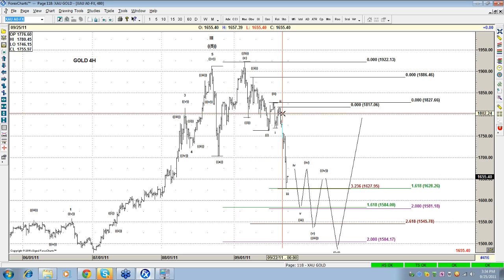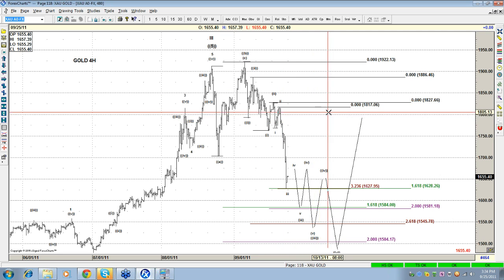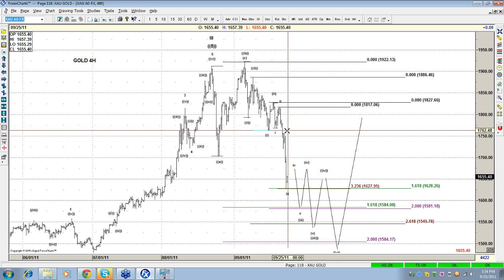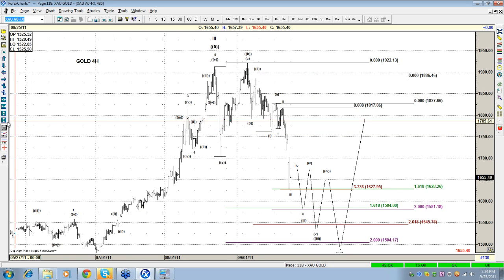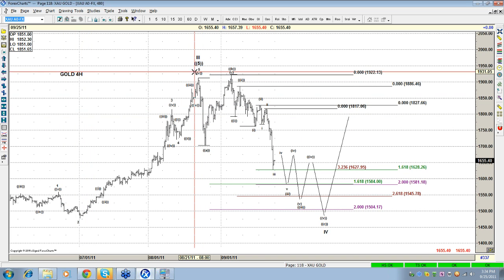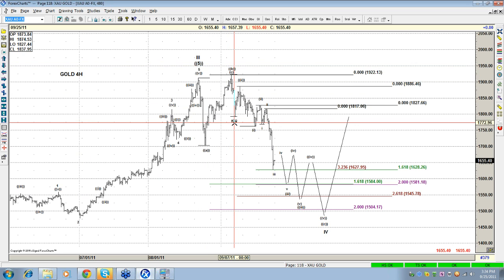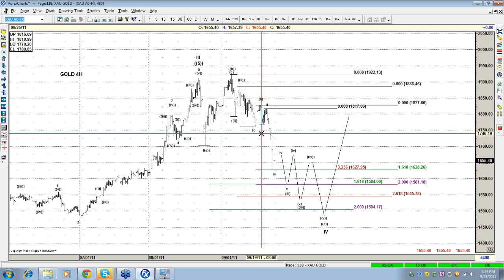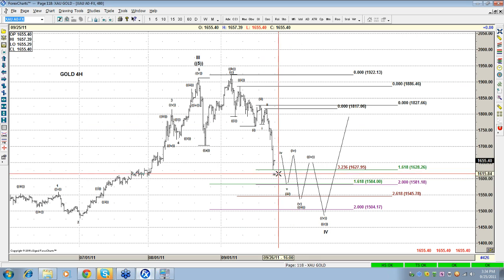I told a friend the other day to sell gold right here when he was at 1850. The reason I told him is because it was well correlated with the Aussie. And then it looks like A, B, and then we got 1, 2, 1, 2, and guess what? We need 1, 2, the extended 5 to the 3.236 right there.